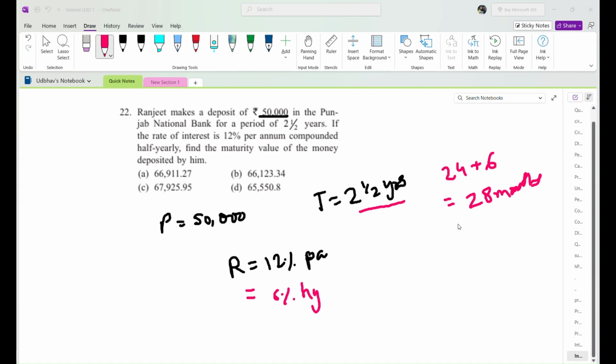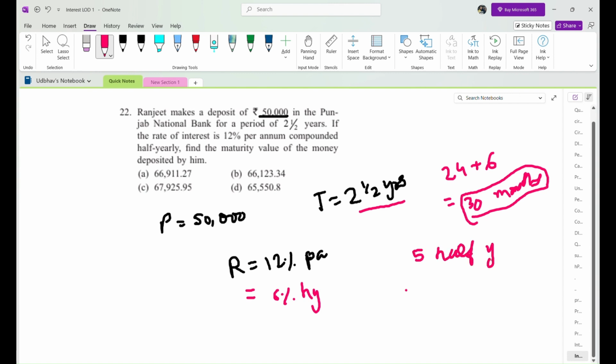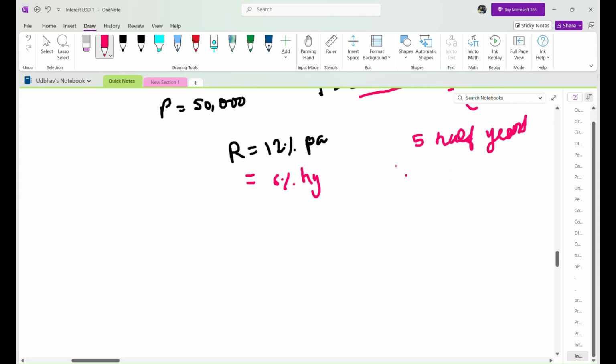Oh, 24 plus 6 is not 28, it is 30. So we want to find for total 30 months, and how many half years are there in 30 months? 5 half years. So we have to find the compound interest for 5 times at 6% half yearly rate.